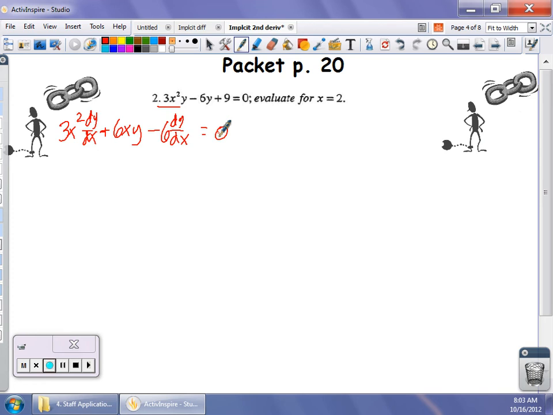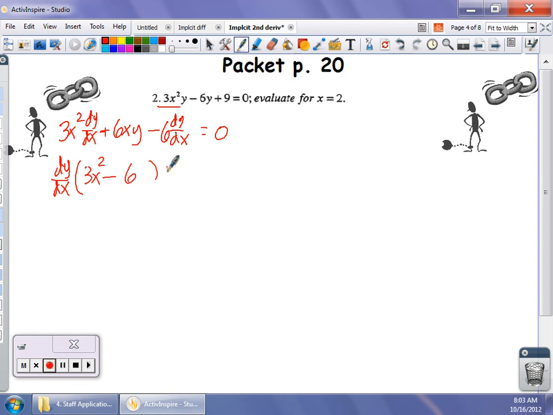Okay, I'm going to factor out my dy dx on the left-hand side, and that leaves me with 3x squared plus 6xy. Oops, no it doesn't. So that leaves me with 3x squared minus 6.